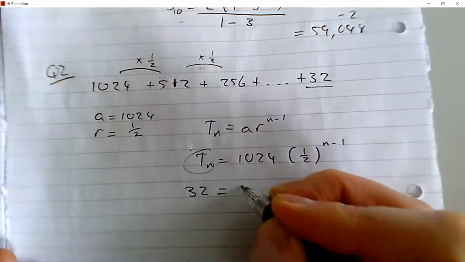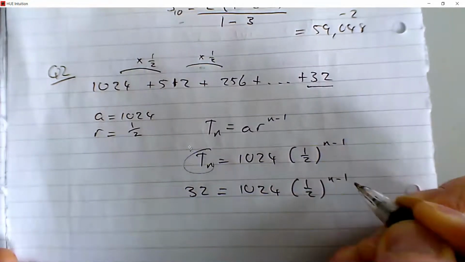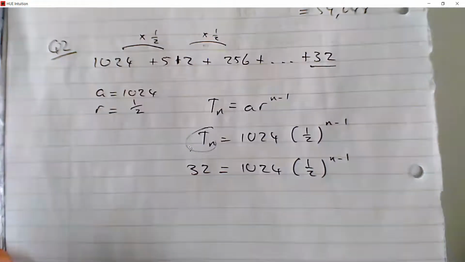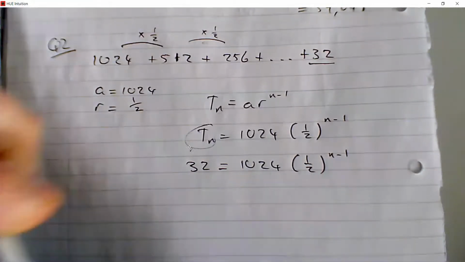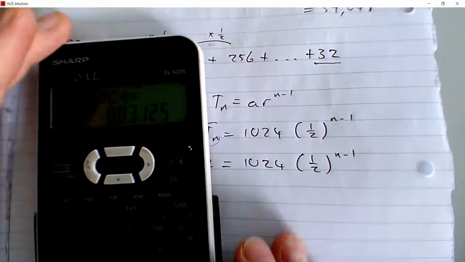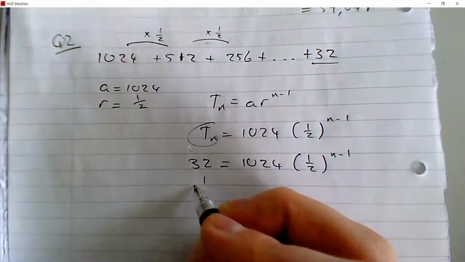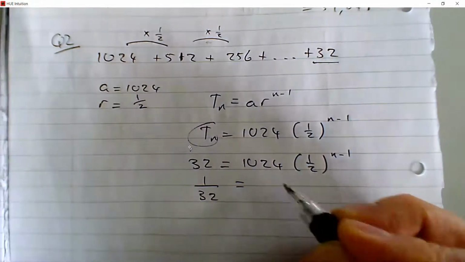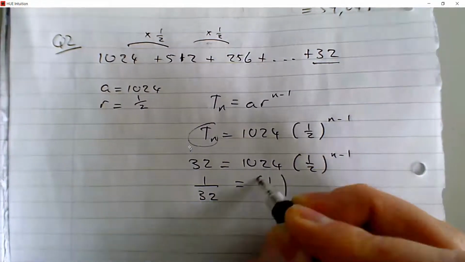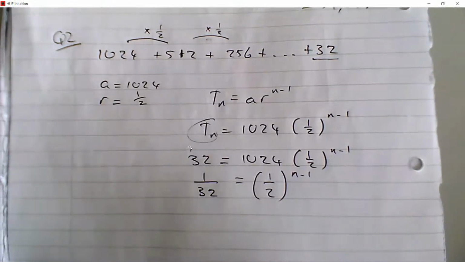So we need to solve this problem, which is going to use a little bit of logarithms. Dividing through by 1024, 32 divided by 1024 gives 1 over 32. So that's 1 over 32 equals 1/2 to the power of n minus 1. How do we go about doing this?